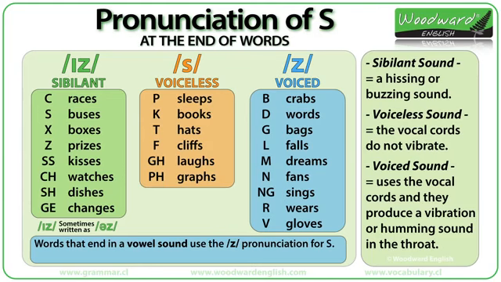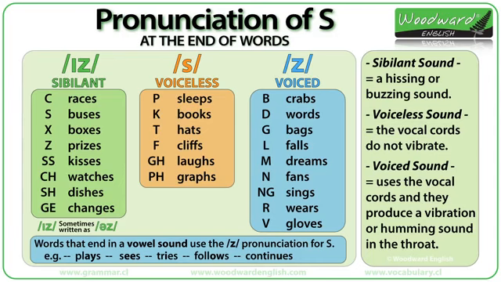Also, when a word ends in a vowel sound, we also use the voiced Z pronunciation for the final S. For example, play ends in an A sound, so play becomes plays. See becomes sees. Try becomes tries.